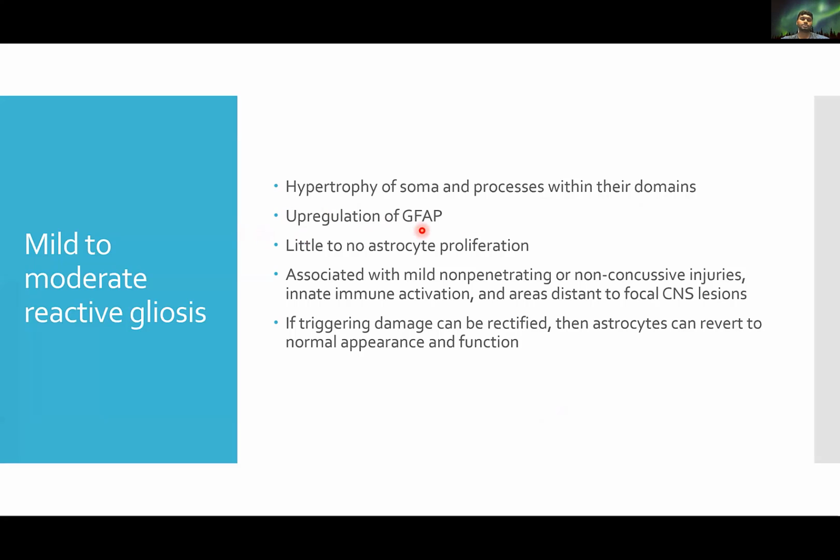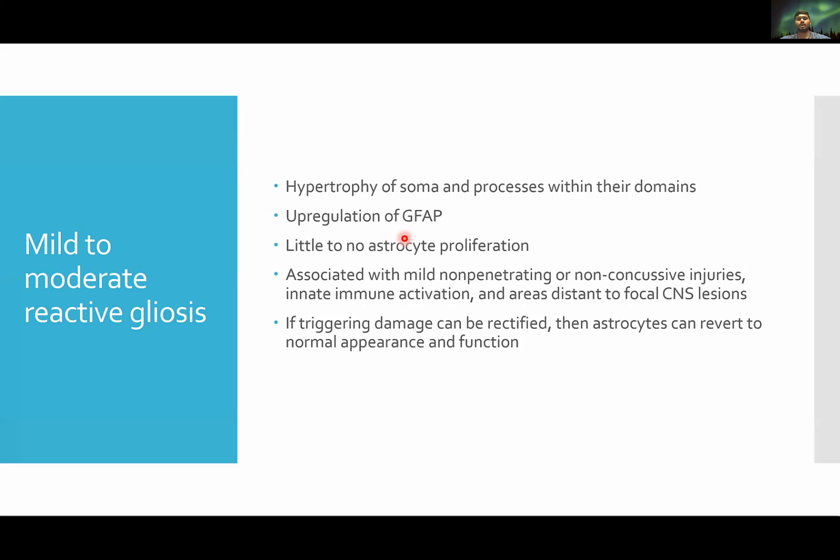Now, the issue with GFAP is that historically, we have almost exclusively used GFAP to visualize these astrocytes. One, because reactive astrocytes typically show GFAP, whereas normal astrocytes won't. However, a lot of other glial cells will express GFAP.